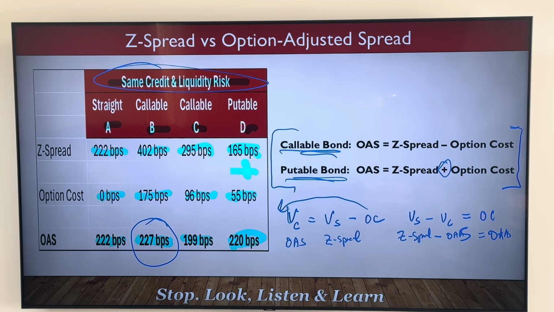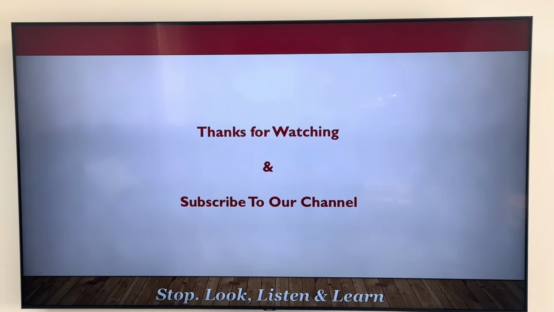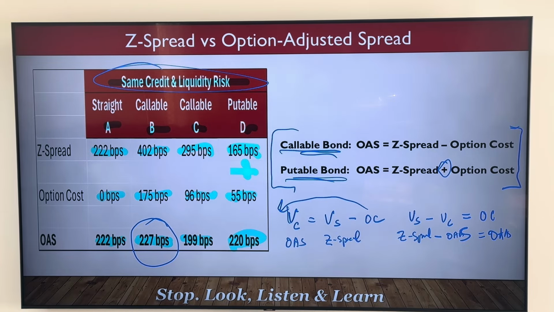And that the option adjusted spread is the portion of the Z spread that is attributable to the risk that you are assuming, or that the issuer is assuming, with respect to the option that is embedded in the bond. And so hopefully that gives you a better sense of what the option adjusted spread and the Z spread are, and you're able to approach these types of questions with a lot more confidence and pick up some easy points here.